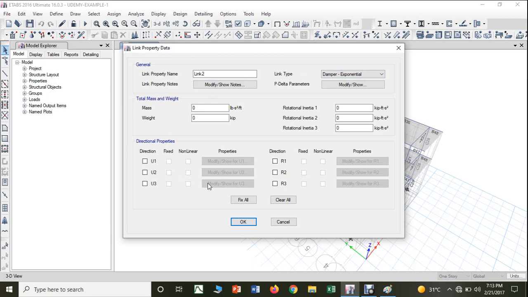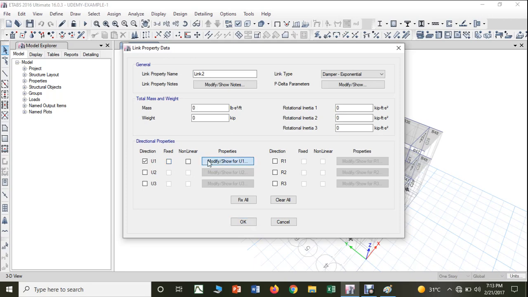Like if I choose fix all, it means all the degrees of freedom are restricted. There will not be any translational effect along 1, 2, 3 nor rotational effect along 1, 2, 3. So if you want only this, you can choose direction u1 and make it fixed. If I fix it, then there is no need to change the property.